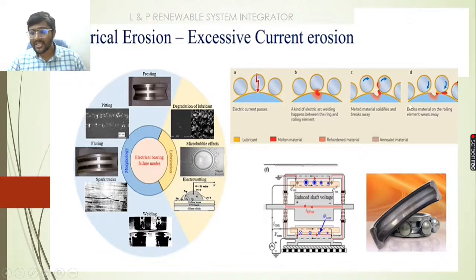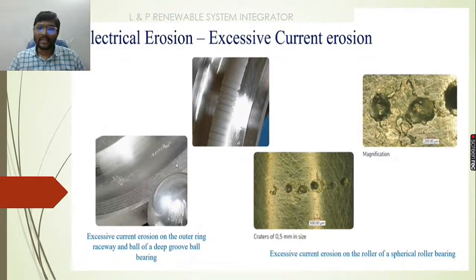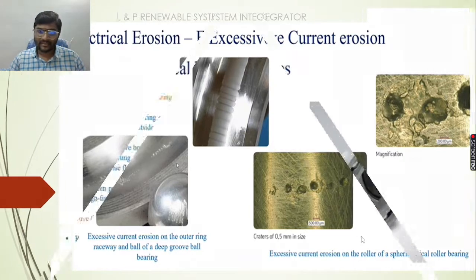So this is the damage, one of the critical damages occurring in electrical bearings. When excessive current erosion occurs, this is how it looks. At the macroscopic level, we can clearly see the damage happening inside the bearings.